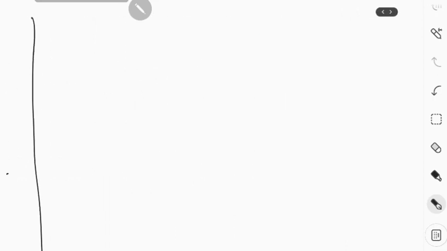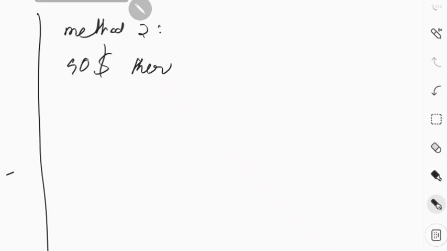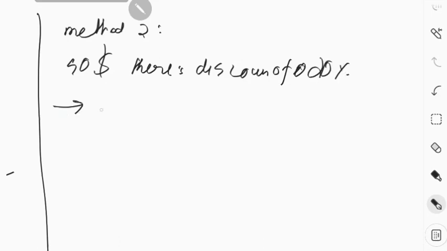So basically what method 2 said was simply that you have a ball which is $40 and there's a discount of 20%. This means you do not have to pay 20% of this.